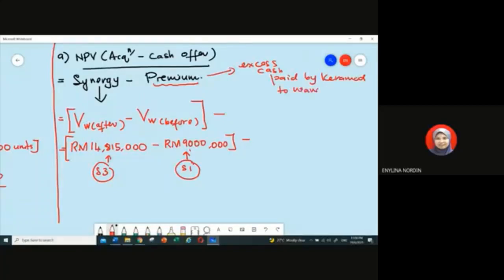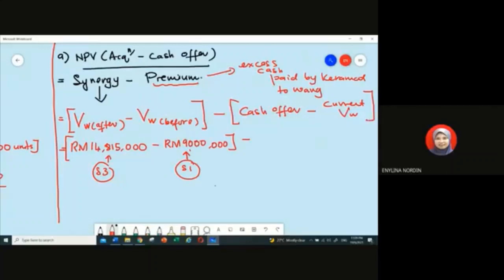So how much is the excess amount paid to the target firm? We compare the cash offer by Keramat to Wangsa Setia, the amount paid, to the current value of Wangsa. So this is what we did last time.